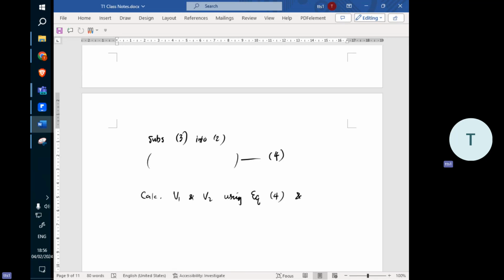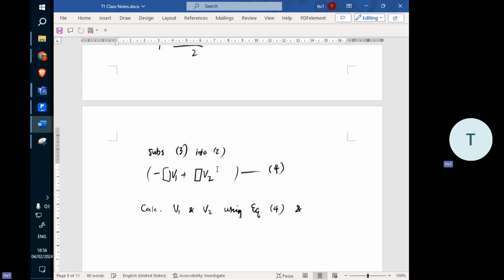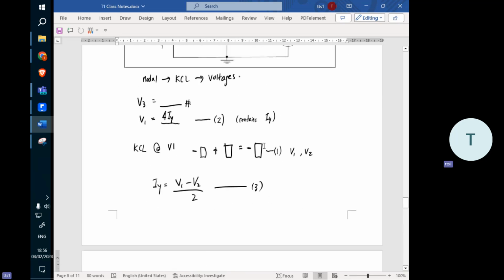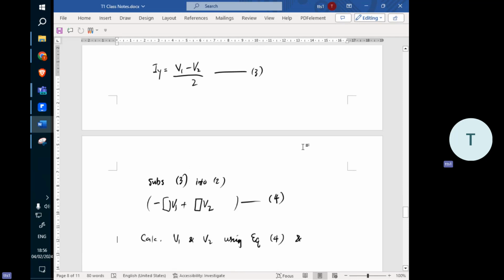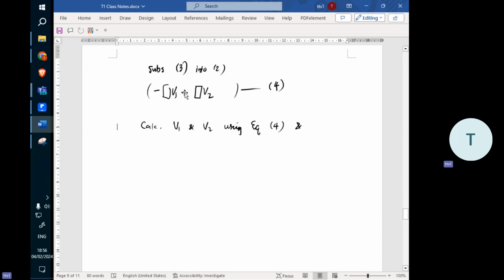Equation 4, you have minus something V1 plus something V2. Equation number 1, you have minus something V1 minus something V2. Then with two equations and two unknowns, you should be able to calculate the value.